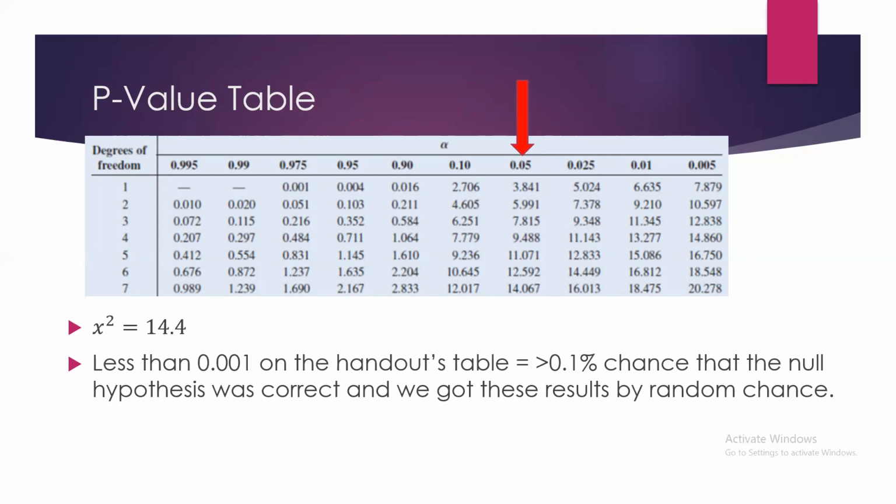That means there is a less than 0.1% chance that the null hypothesis was correct and that we got these results by random chance. That means we are going to reject the null hypothesis and therefore accept the alternative hypothesis that something was going on here.